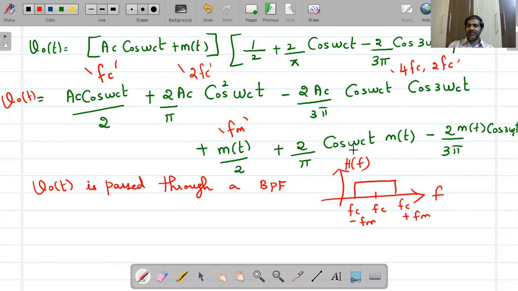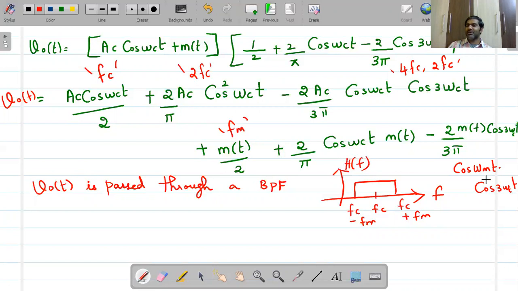In this term, we will take it later. Here m of t into cos 3 omega ct. If we assume m of t as cos omega mt into cos 3 omega ct, what frequencies do you have?